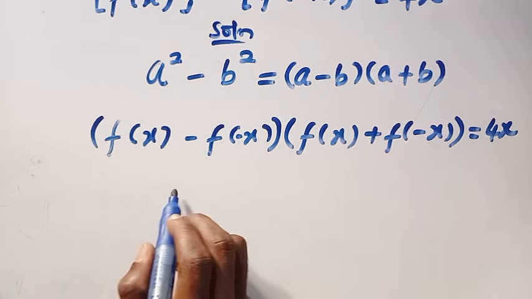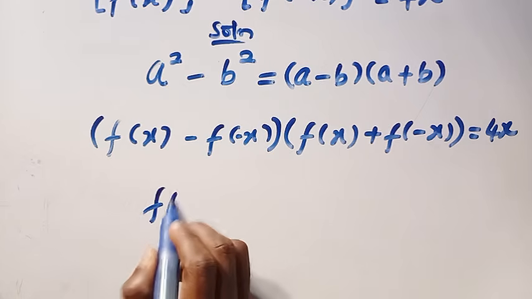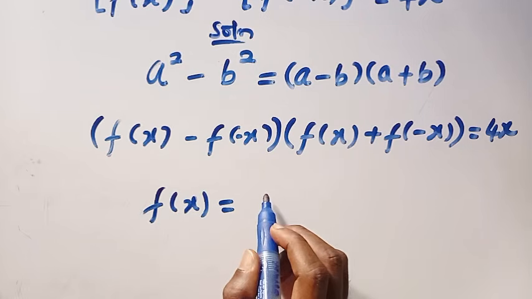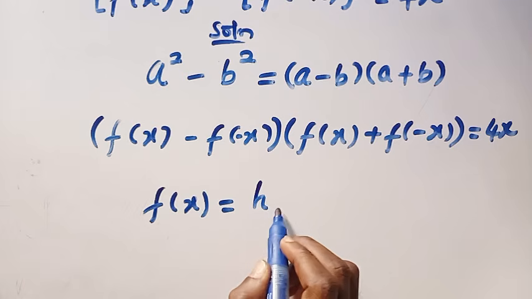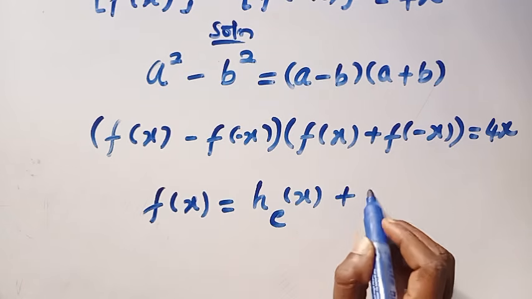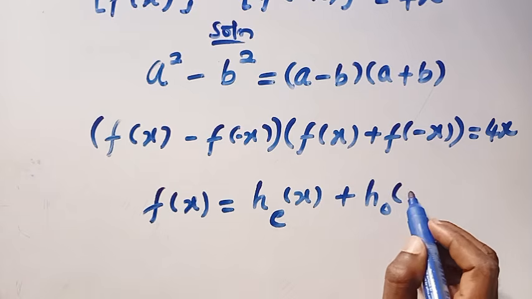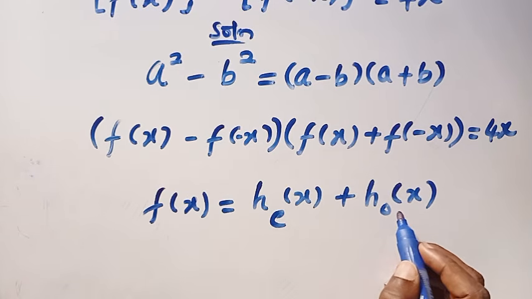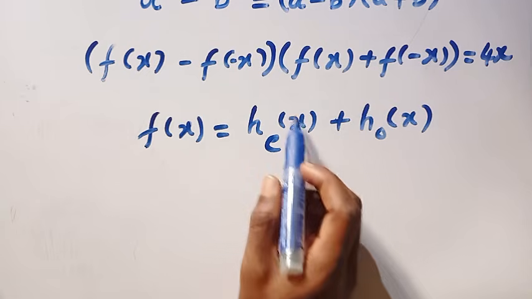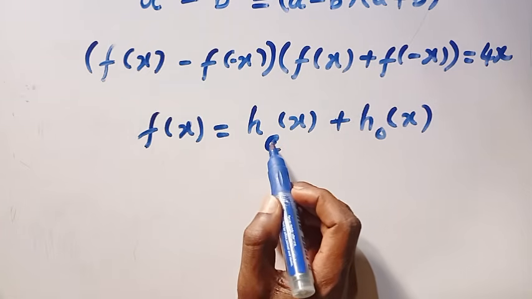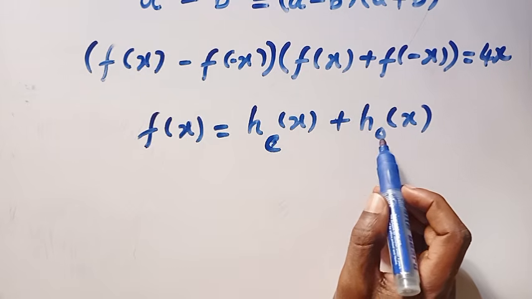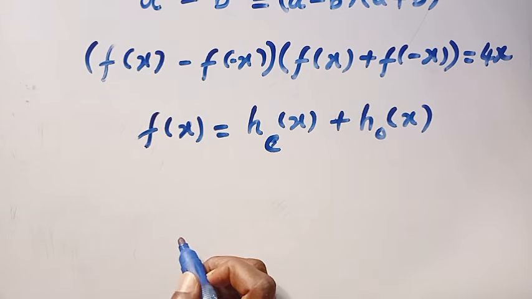So assuming I have a solution f(x) equals h_e(x) plus h_o(x), where h_e is called the even function and h_o is the odd function.